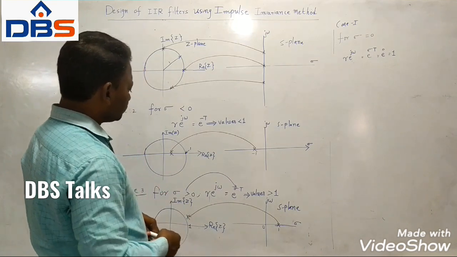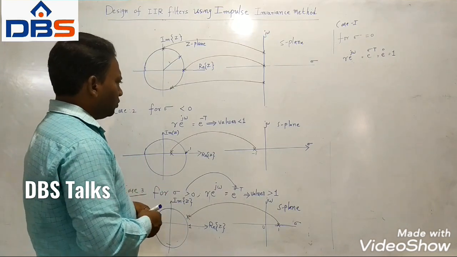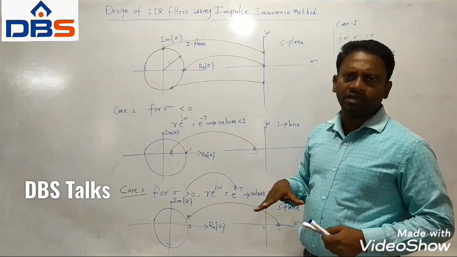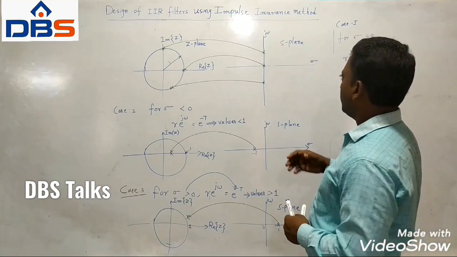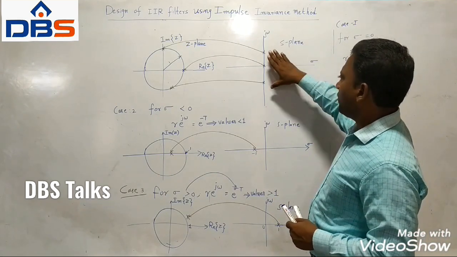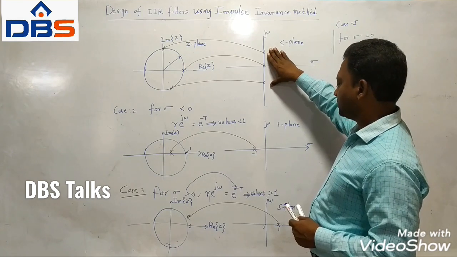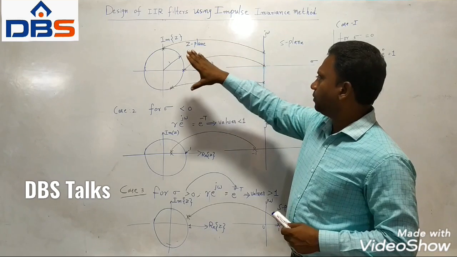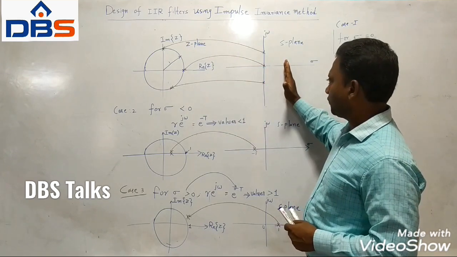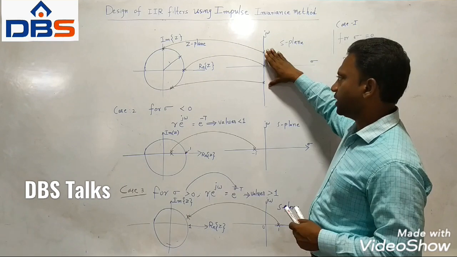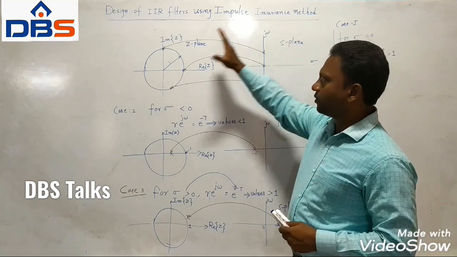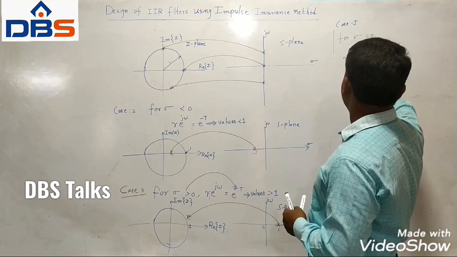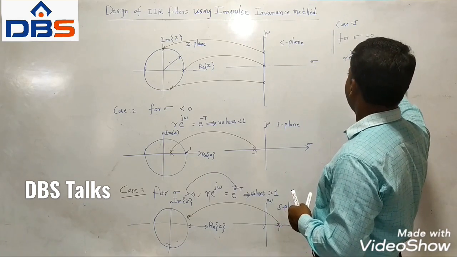So we have seen three different cases. These three cases generally occur in the designing of digital filters. The first case is, if all the poles are located on the j omega axis in the analog filter transfer function, the poles are mapped onto the unit circle, because e power sigma t with sigma equal to 0 is e power 0, which is 1.